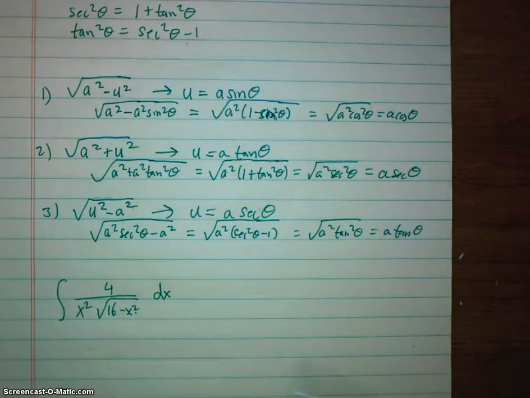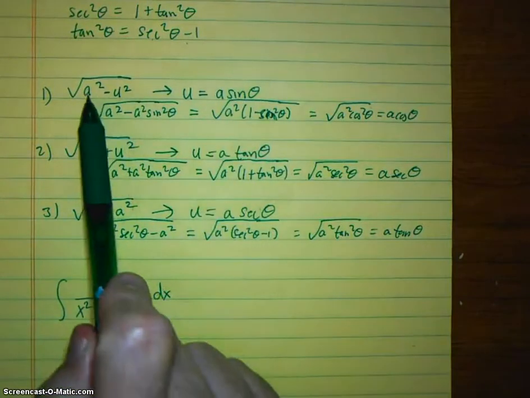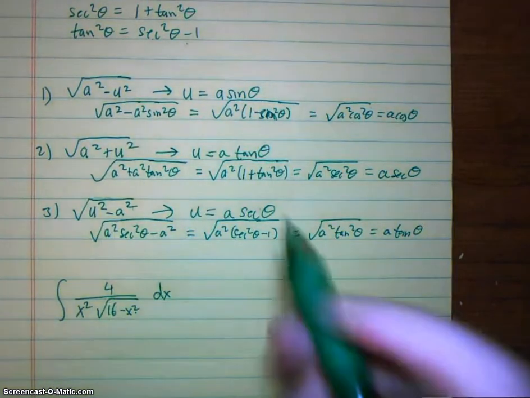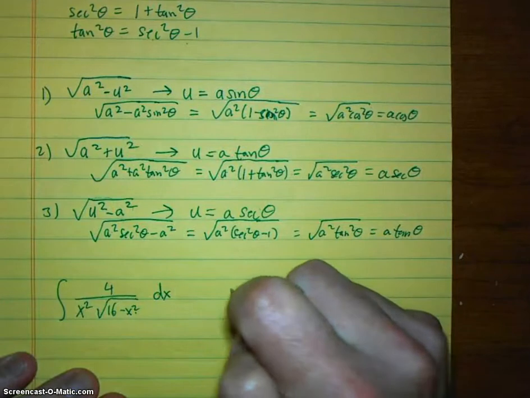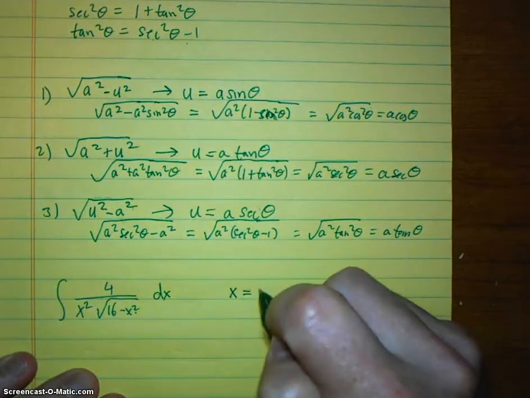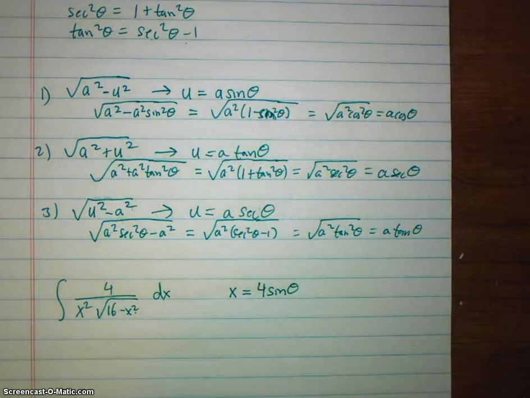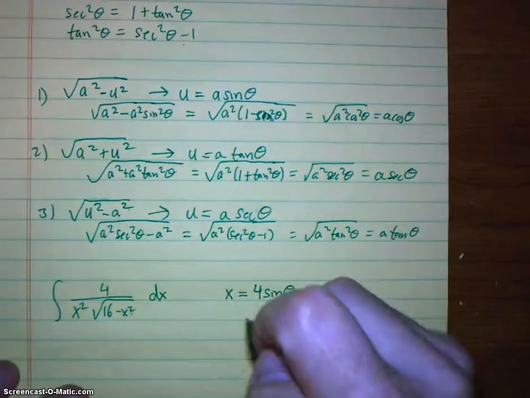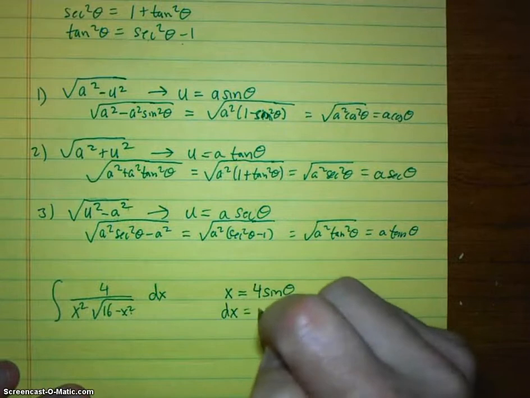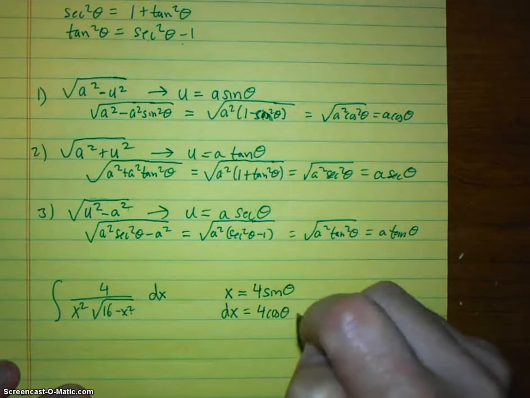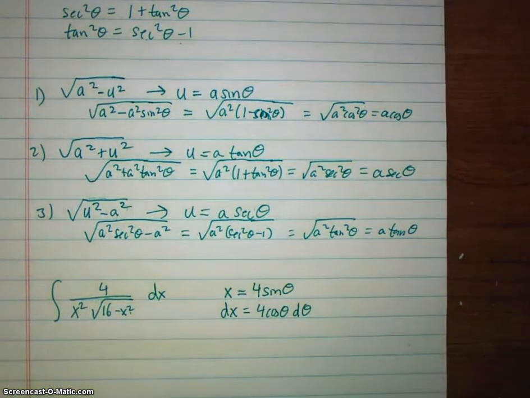It fits into pattern number 1, a squared minus u squared. So x in this case is going to be 4 sine theta. Now when we make our substitution, we also got to get rid of the dx. dx is 4 cosine theta d theta.